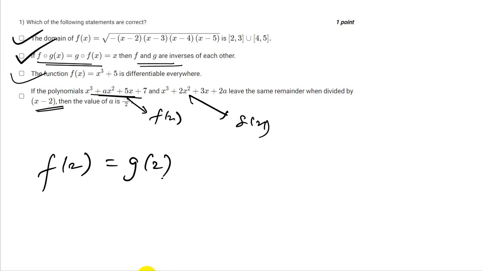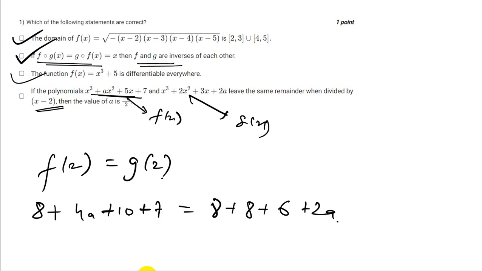Okay, then by just solving, putting the value of x as 2 in this and this, we'll get 8 plus 4a plus 10 plus 7 is equal to 8 plus 8 plus this is 6, okay, plus 2a. So it will become 4a plus 25, and this would become 16 plus 6, which is 22, plus 2a.